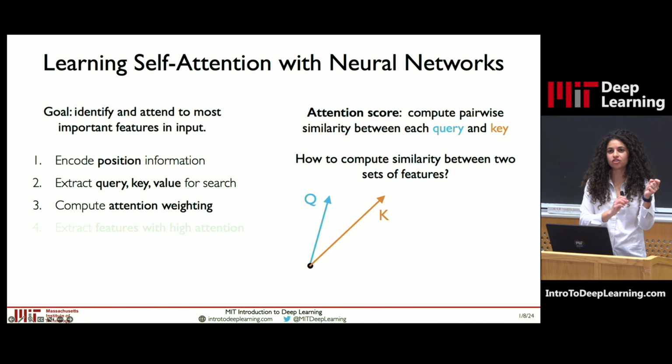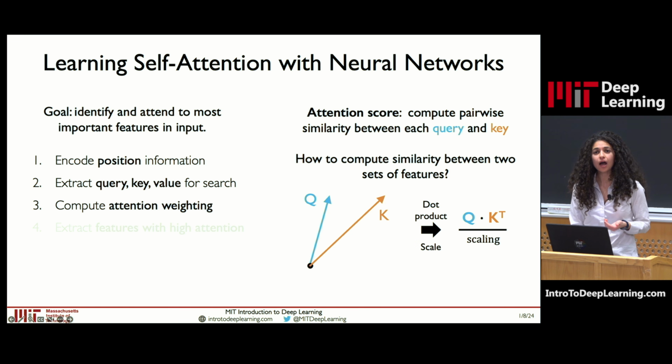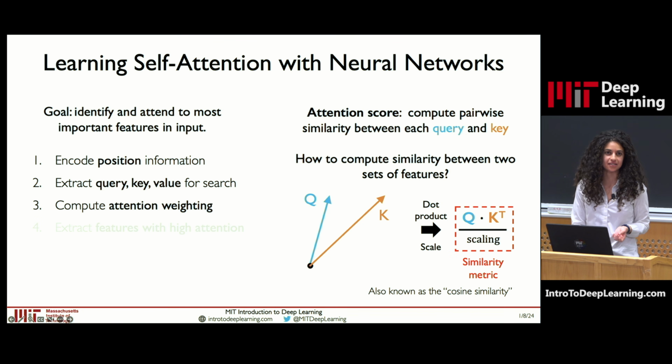When two vectors are in that same space, we can measure mathematically how close they are to each other using a metric by computing the dot product of those two vectors, otherwise known as the cosine similarity. And that reflects how similar these query and key matrices are in this space.